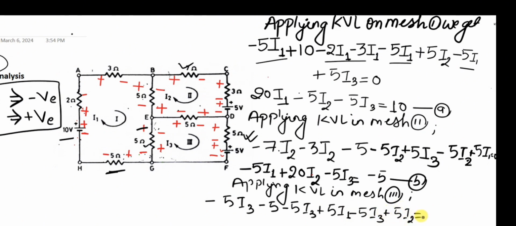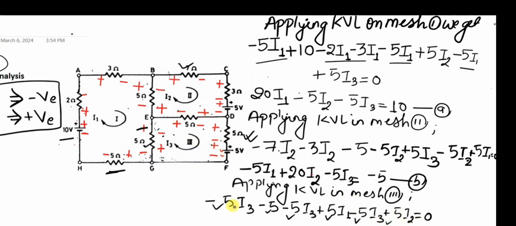Hope you are relating it well. Why minus? Plus to minus, that's why minus, then plus to minus, that's why minus, then plus to minus, that's why minus, then for same direction minus to plus, which one is I1, that's why plus, then plus to minus, minus, then minus to plus, that's why plus.